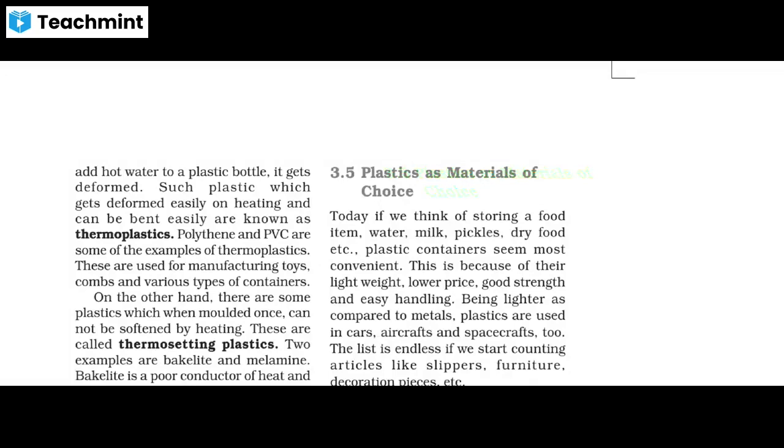Examples of thermosetting plastics are bakelite and melamine.